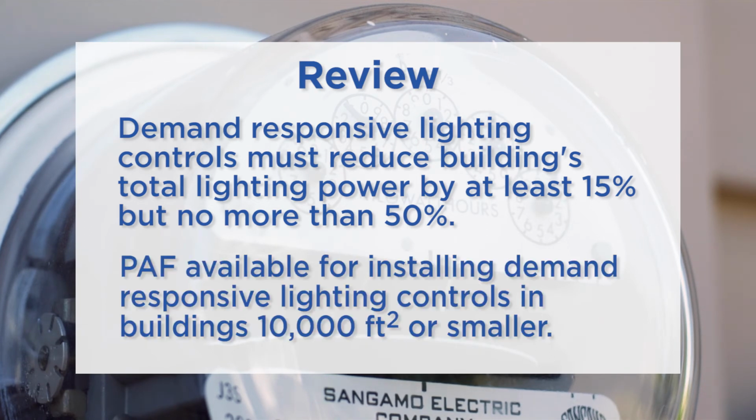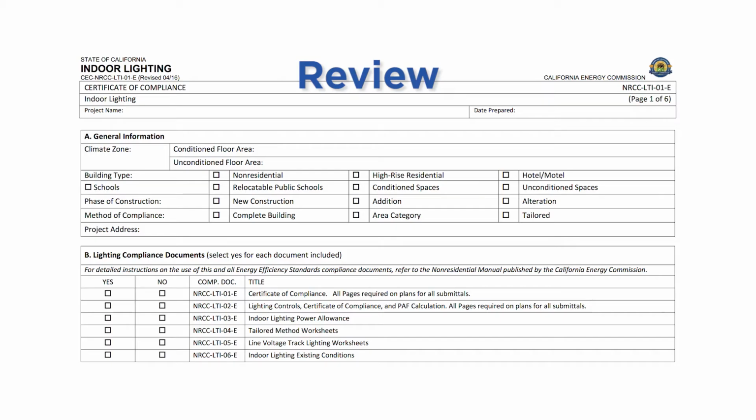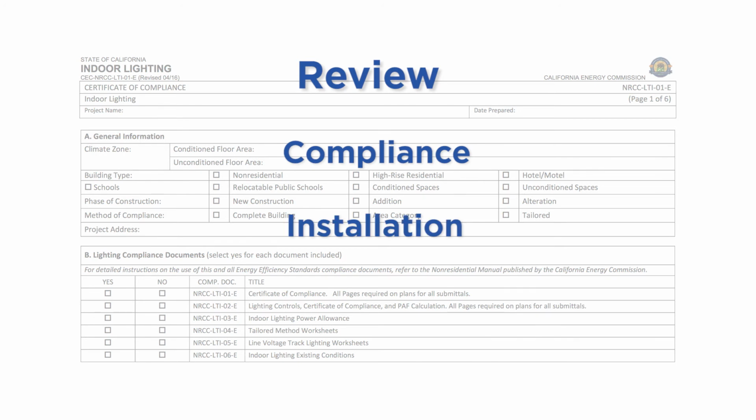A PAF is available for installing demand-responsive lighting controls in buildings 10,000 square feet or smaller when using the prescriptive approach for compliance with the Energy Standards, and demand-responsive lighting controls must be documented on certificates of compliance, installation, and acceptance. This concludes Module 6 of the Non-Residential Lighting Controls video series.